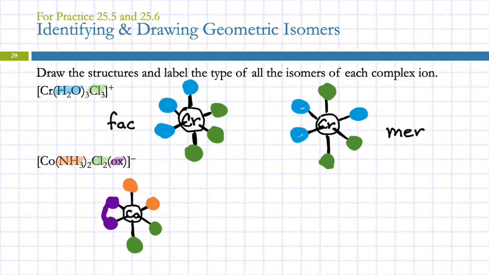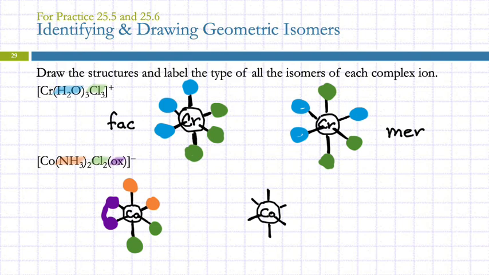So let's see if we can draw another isomer. What we want to do when exploring possible isomers is keep things as similar as possible. Instead of this one being completely turned around, because it's hard to turn them around in your mind to compare them.